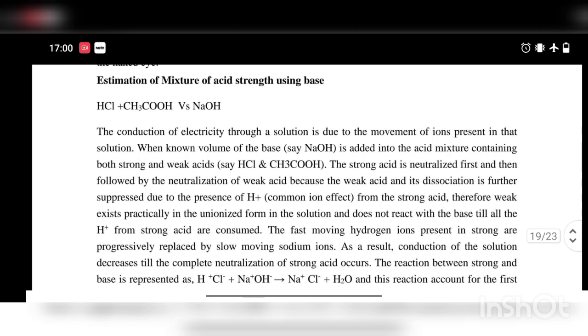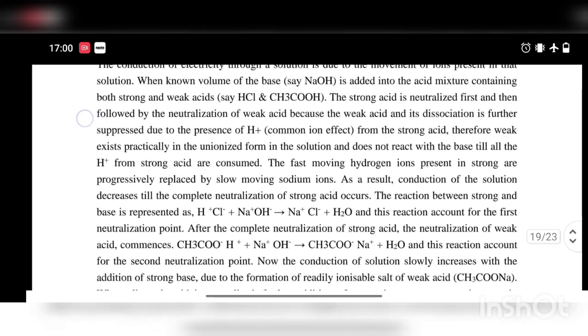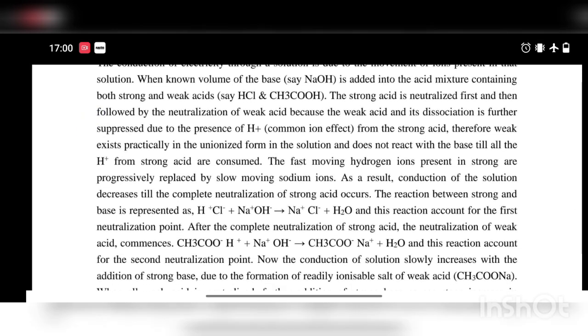So first HCl neutralizes: HCl plus NaOH produces NaCl plus H2O. The fast moving H+ ions are replaced by Na+ ions. So when NaOH is added to the mixture, the conductance first decreases.